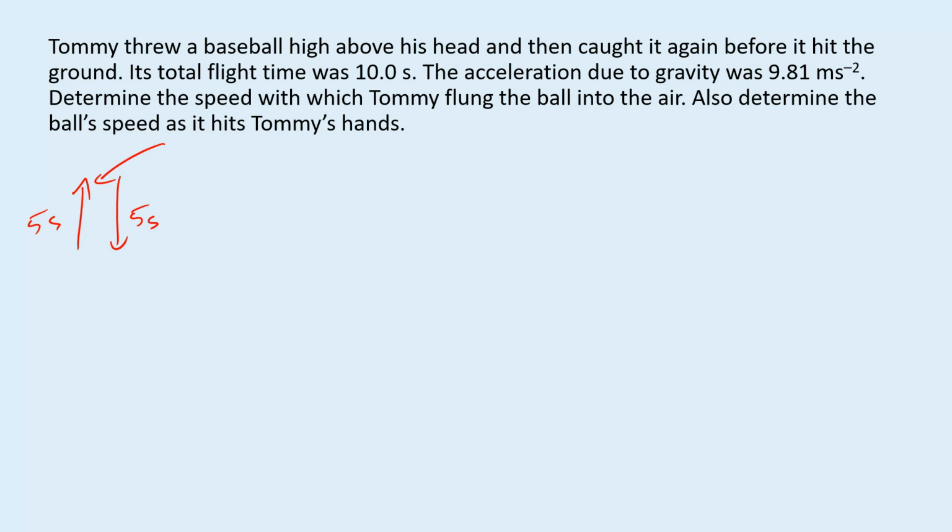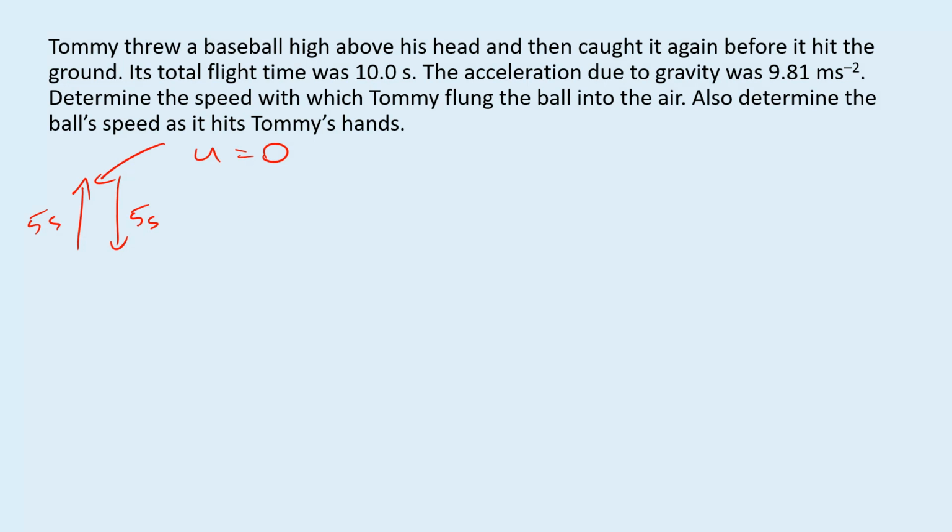So if we wanted to work out the speed that he threw it up with, we know the final velocity at the top of the flight is 0, but we can't work out the initial velocity. But we're doing part B first, and we know the initial velocity is 0. So if we look at the coming down, the initial velocity equals 0, because when the ball was at the very top of its flight path, its vertical motion was temporarily 0, and then it accelerated back down towards the ground.